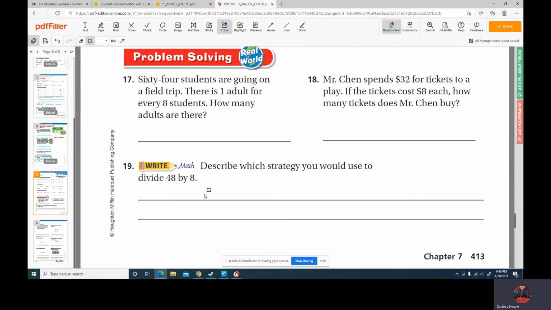Now down here, this is just like we've been doing. Describe what strategy you will use to find 48 divided by 8. Well, the strategy we use today, they use the subtraction method. I'm just going to show you what they would be. It would be 48 minus 8, which equals 40, and I would take 40 minus 8, which would equal 32, and 32 minus 8, which equals 24.